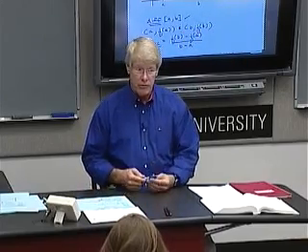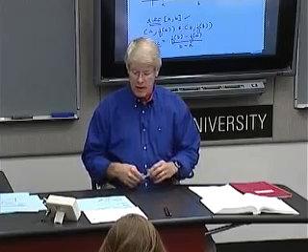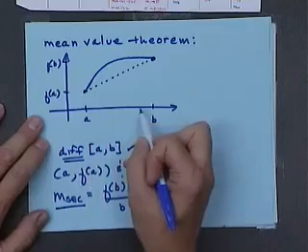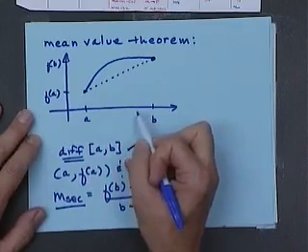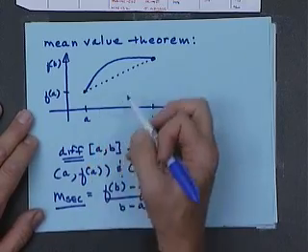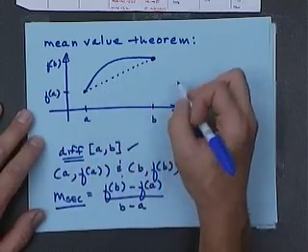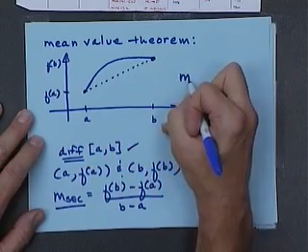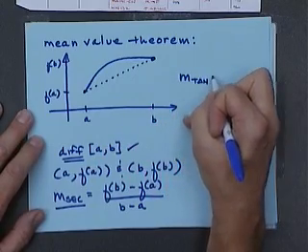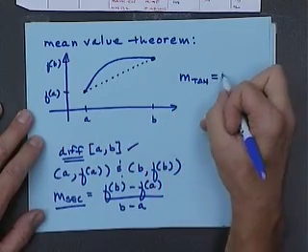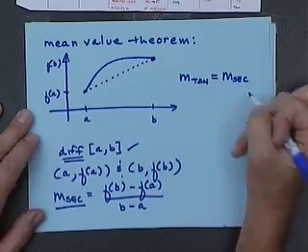So this theorem says that with all these things in place, there is some value c. I don't know exactly where that is, but I know I can picture it up here, where the slope of the tangent is exactly the same as the slope of the secant.